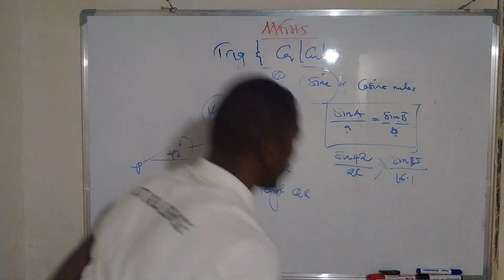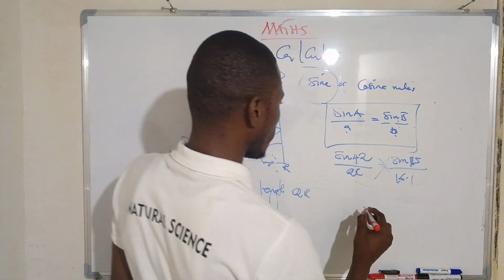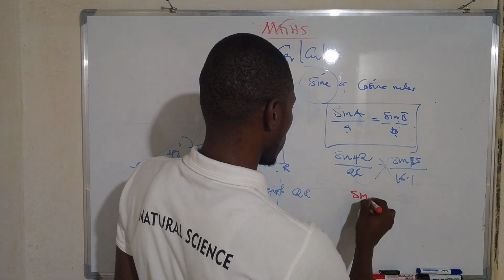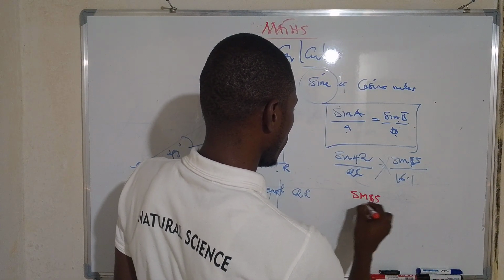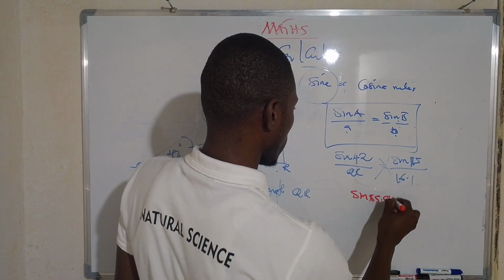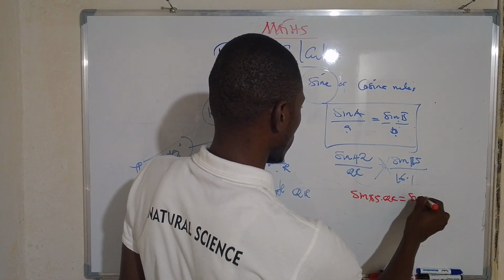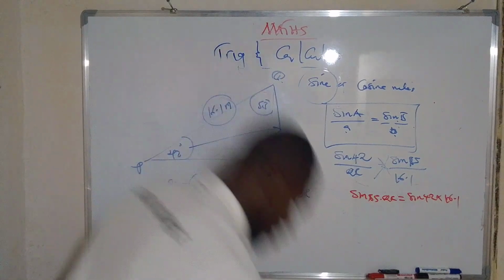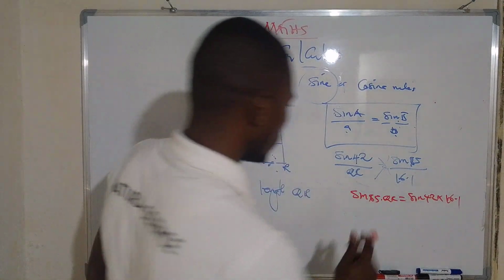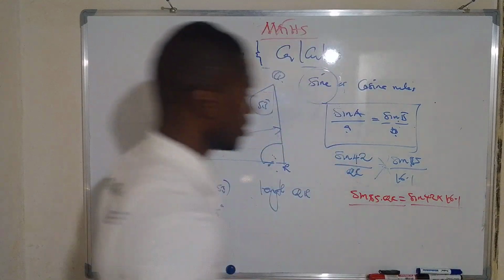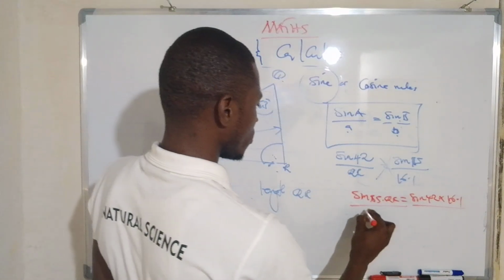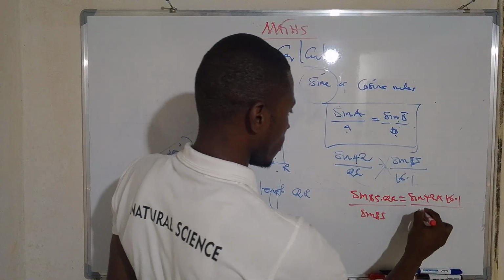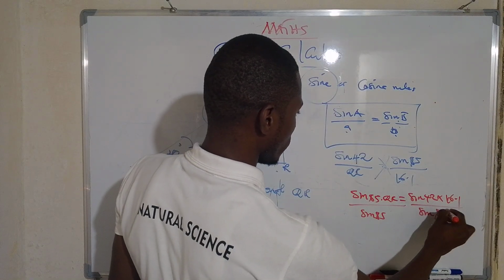So from there now, you will say sine 85 QR is equal to sine 42 by 16.1. Therefore, if you divide, you're looking for the QR. So I'm going to divide by sine 85, then there also sine 85.